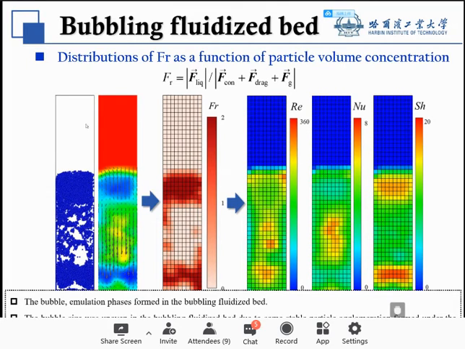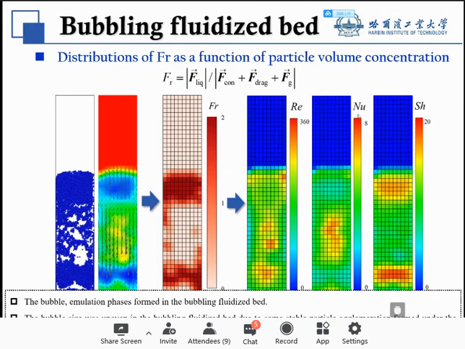The left figure is the particle distribution, the middle figure is the distribution of the parameter Fr, and the right figure is the distribution of Reynolds number, Nusselt number, and Sherwood number.